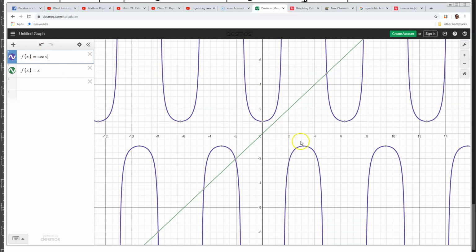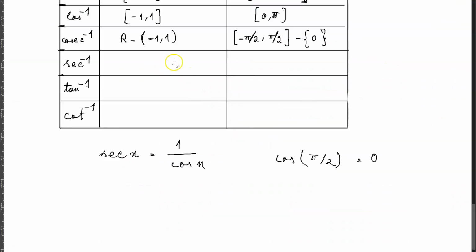So 0 to pi, and take out pi by 2. That is the range of the function.